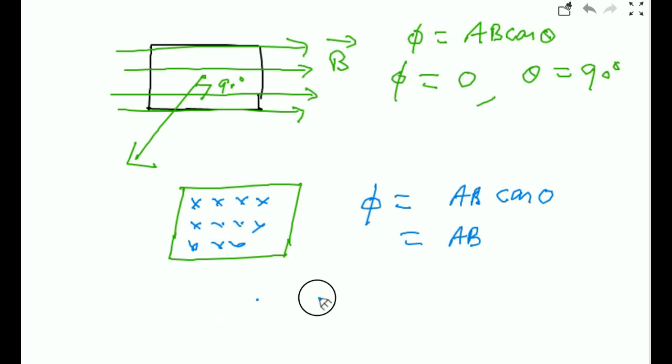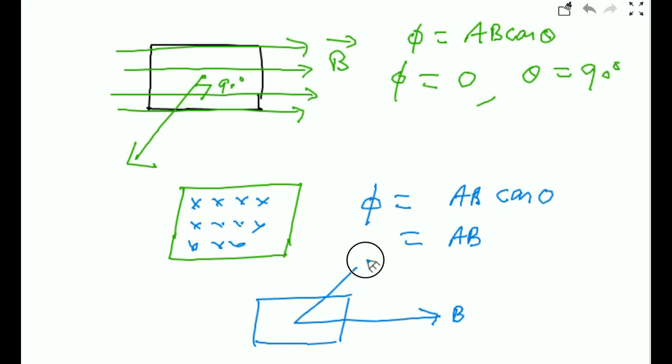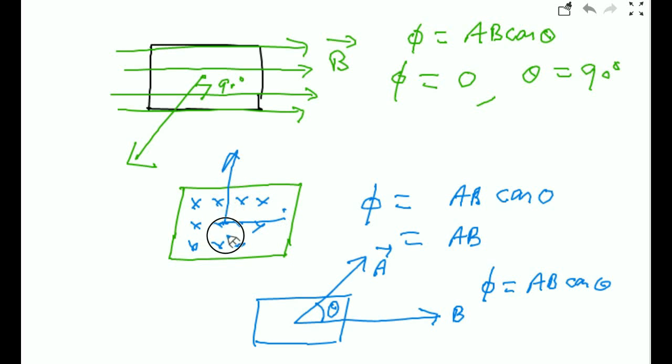The general formula of flux: suppose you have the magnetic field in this direction and the area vector in this direction, you take the angle theta between them. So the flux equals AB cos theta. Here theta can be 0 or pi.